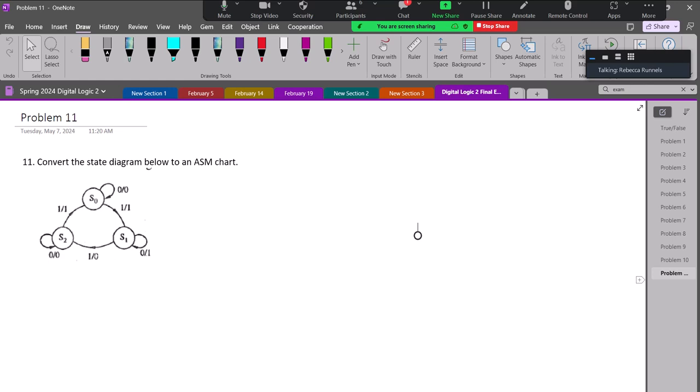So I'm doing the ASM chart. I see I've got 3 states, S0, S1, and S2.